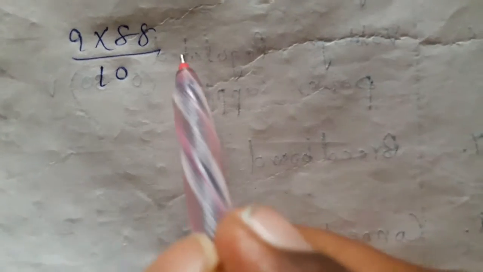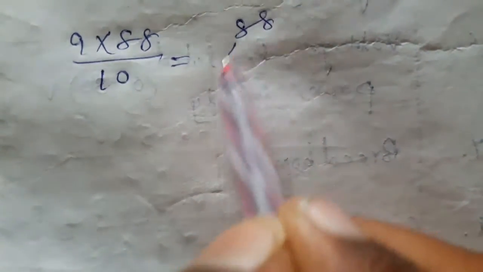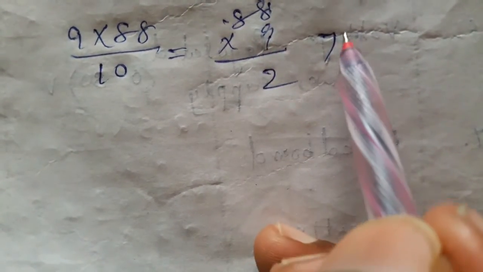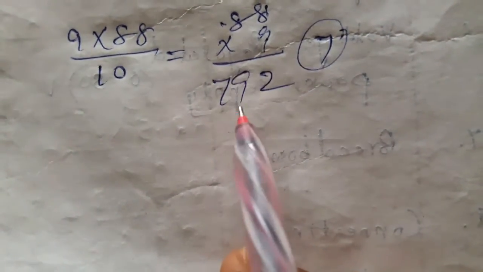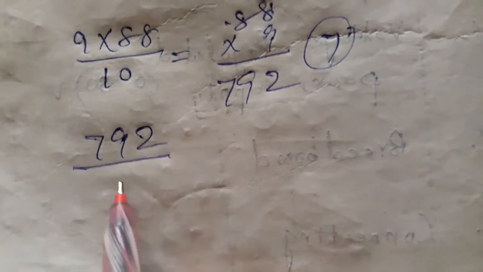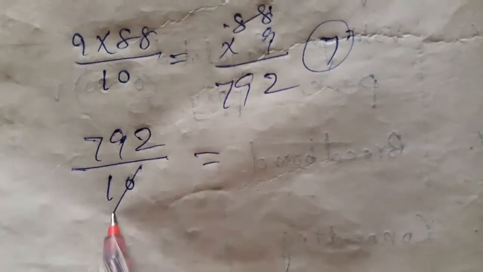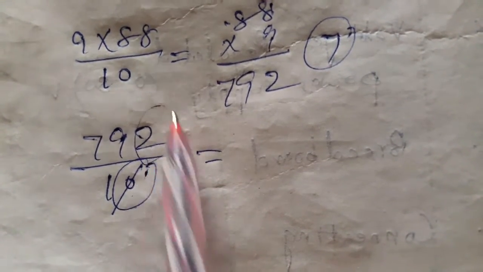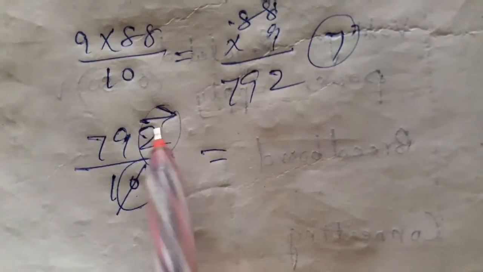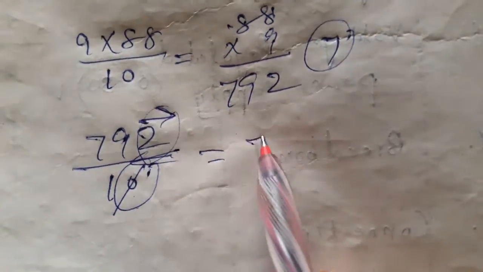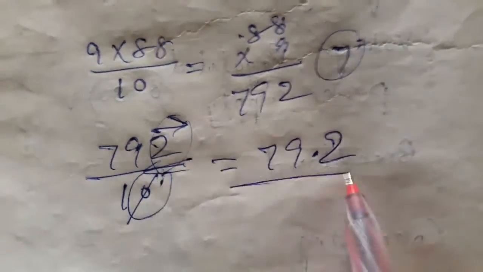So now multiply 88 into 9, 9 eights are 72, 2, 7 is carried, 9 eights are 72, 72 plus 7 means 79, so 792 by 10. Now 10 is there, after a decimal point 1 digit is compulsory, so 2 goes in forward direction and a decimal comes in reverse direction, that becomes 79.2.